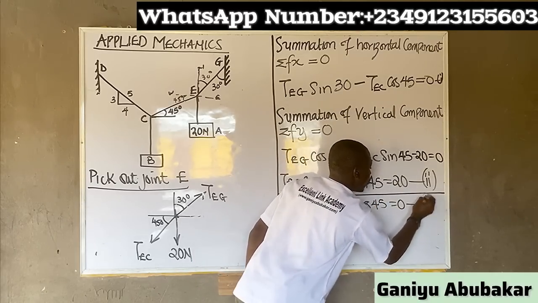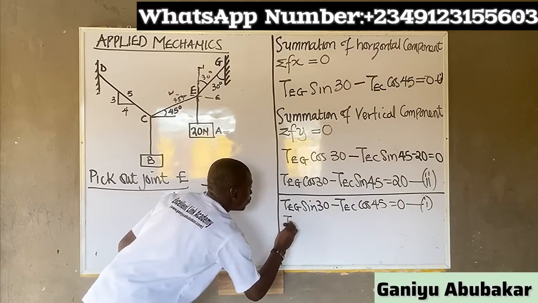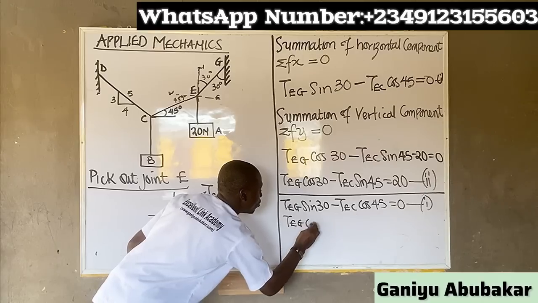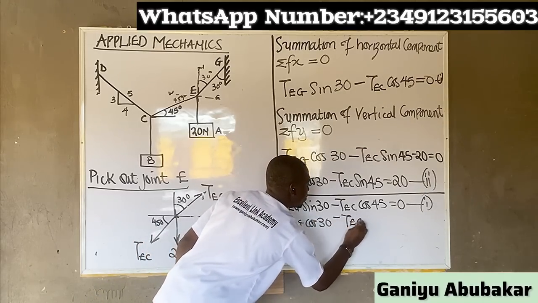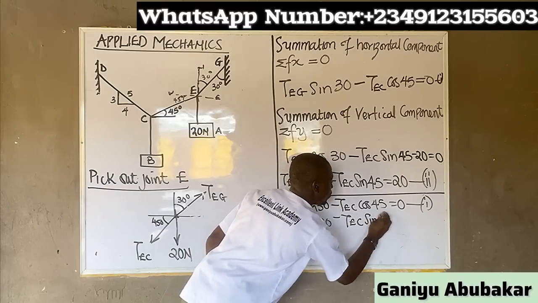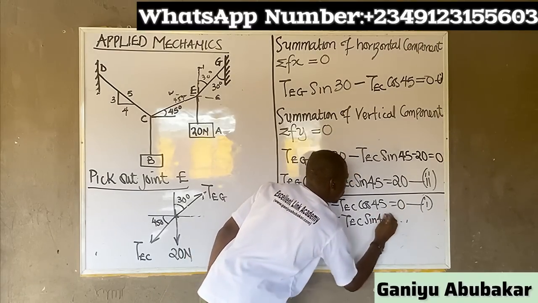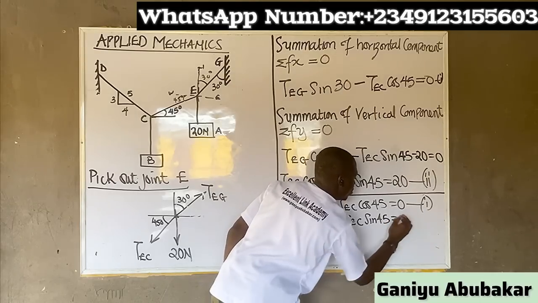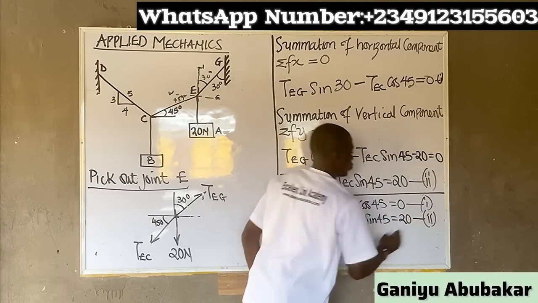Call this one equation 1, as we said here earlier. Repeat this one down, equation 2. That gives you TEG cos 30 minus TEC sine 45 equals 20. This one here gives you equation 2.